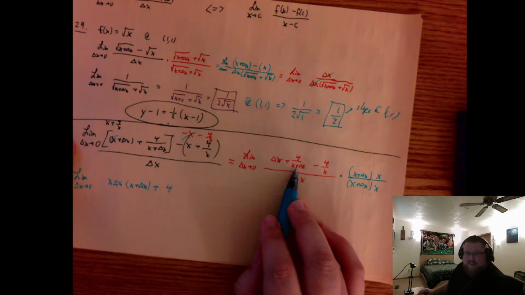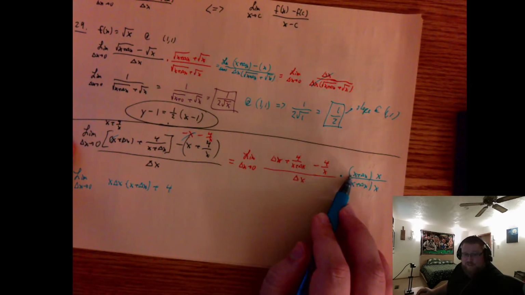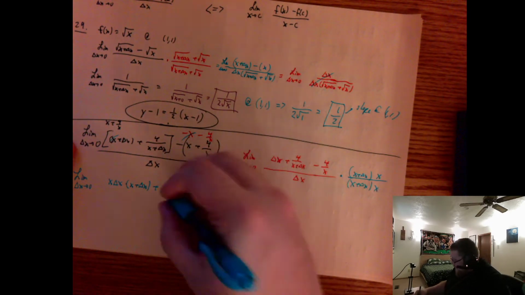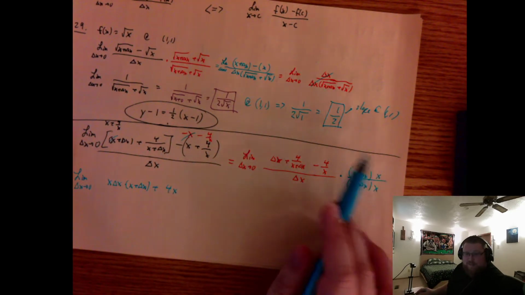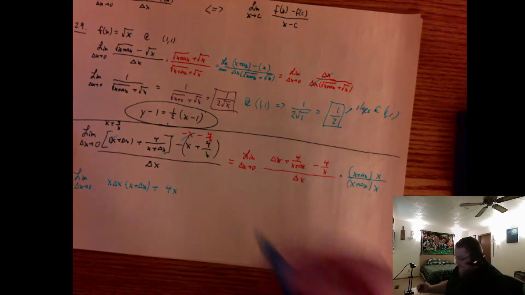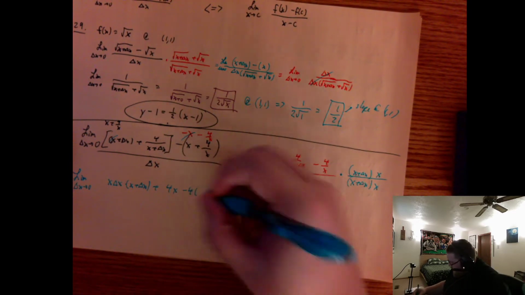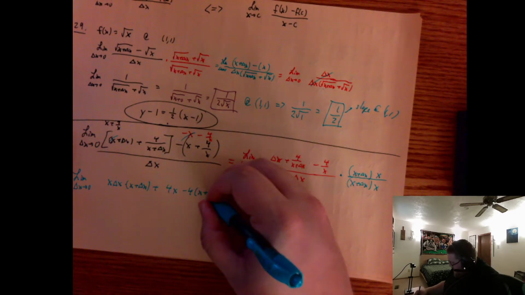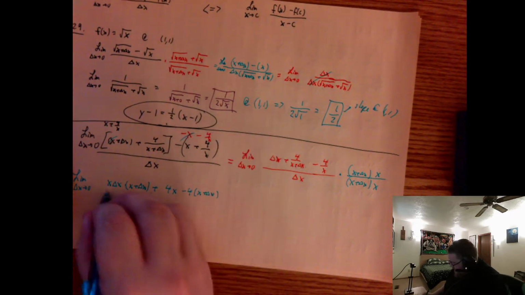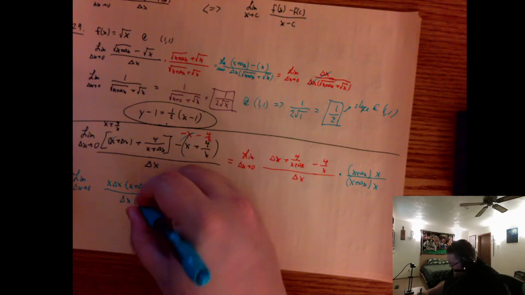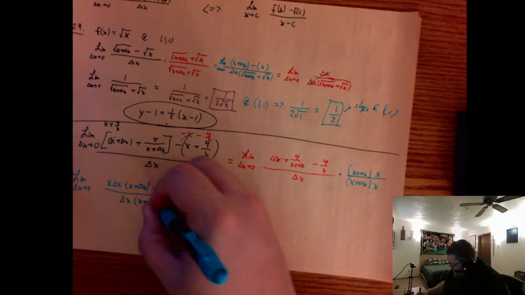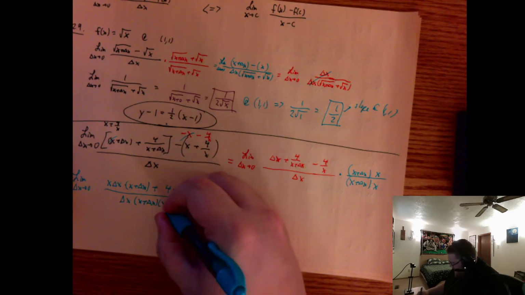The x plus delta x on bottom and the x plus delta x over here will end up canceling, which makes this become 4x. And then I have to multiply this through. The x is going to cancel, meaning we have minus 4 times x plus delta x. All over, on bottom we'd have delta x times x plus delta x times x.